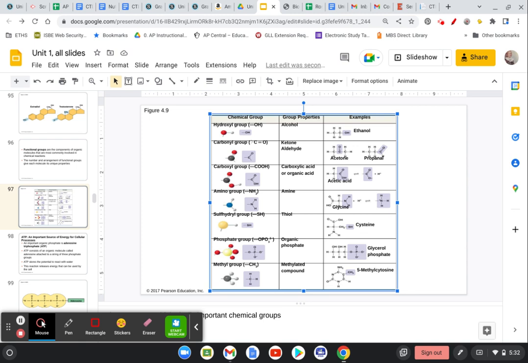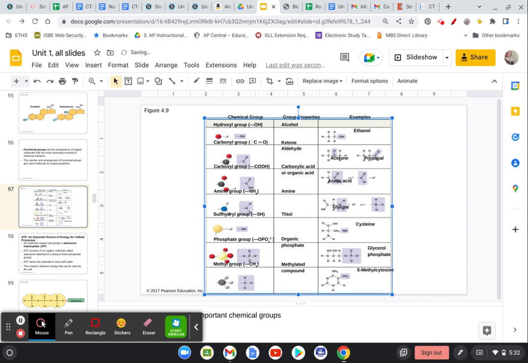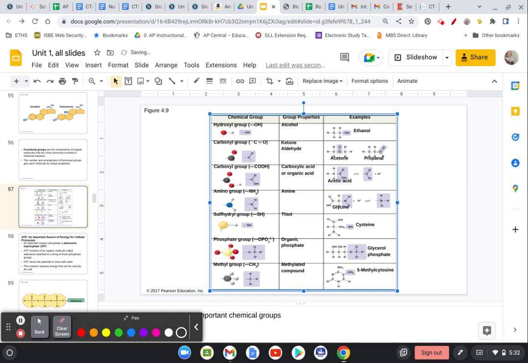However, if you do, it's going to bite you later, because you do need to know some of these groups. On later assessments, if you don't know, for example, what a carboxyl group is, this one here, then you won't be able to identify other compounds, and those won't be Googleable.